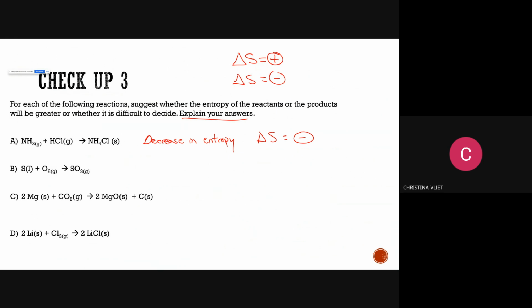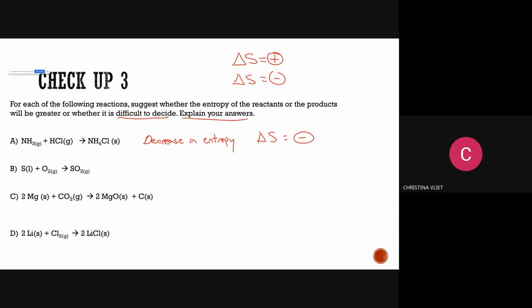Second one. You have a liquid and a gas turning into just gas. Do you think entropy increases or decreases? Remember, there is an option. Is it difficult to decide? What are the factors at play?